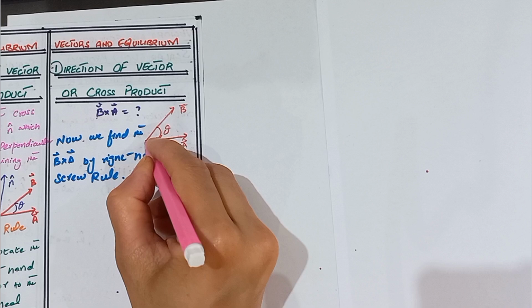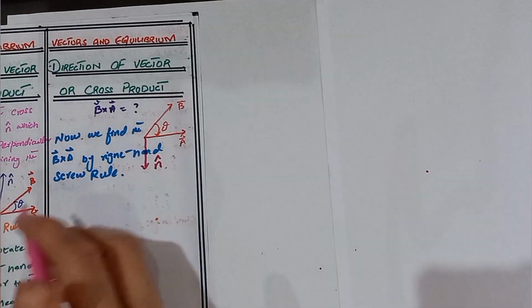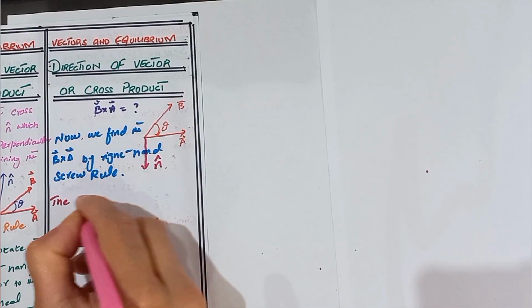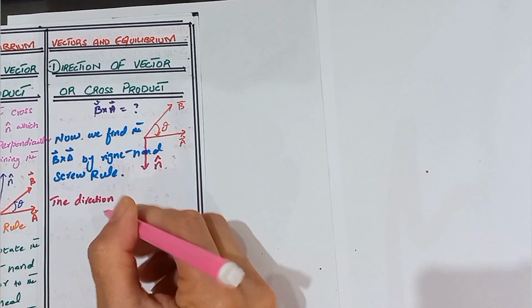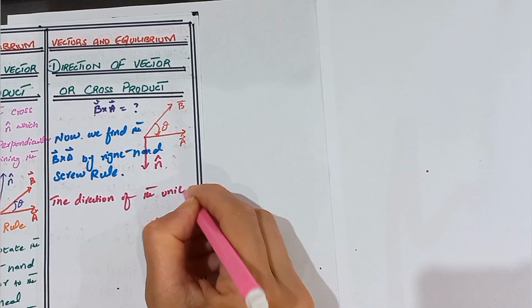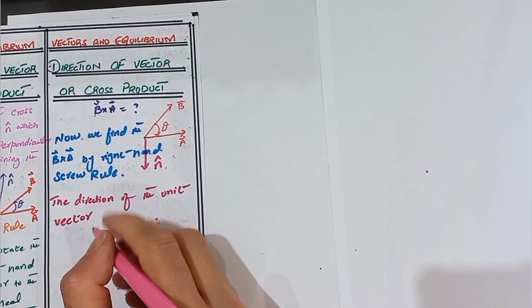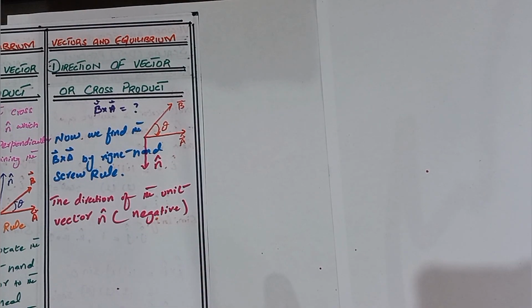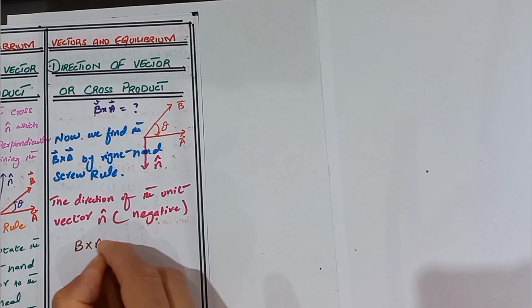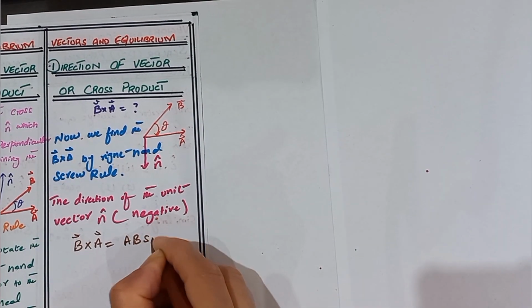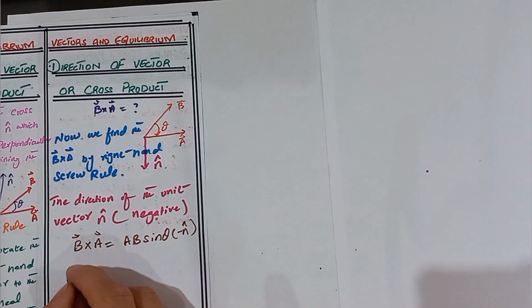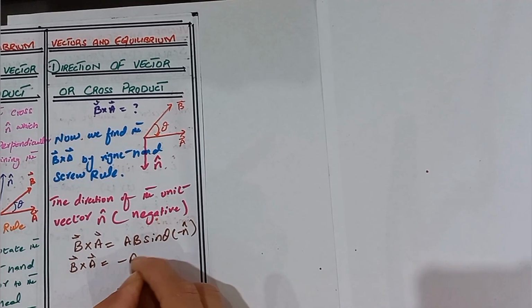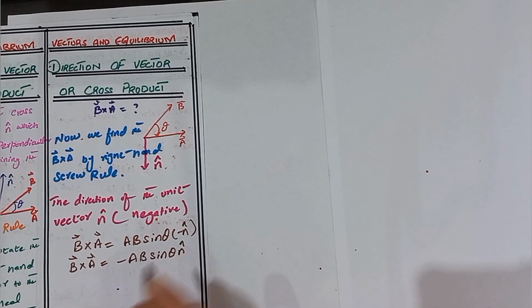Rotating from the B vector to the A vector, the direction is downward. So the direction of the unit vector n is negative. So here the formula becomes B cross A is equal to A B sine theta minus n unit vector. So it can be written that B cross A vector is equal to minus A B sine theta n unit vector.